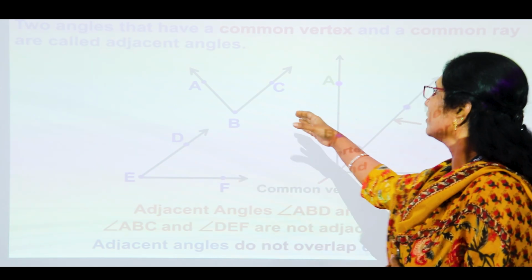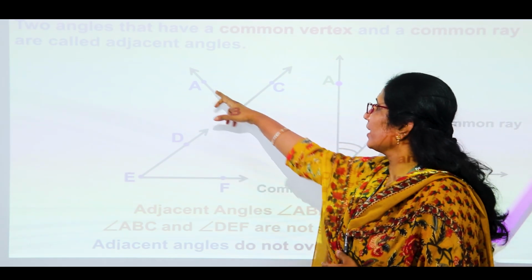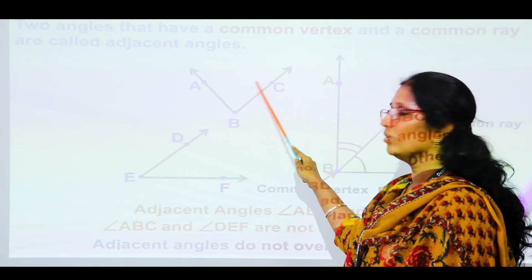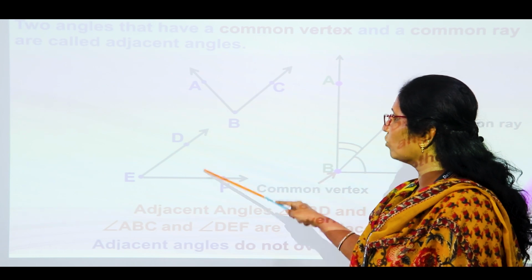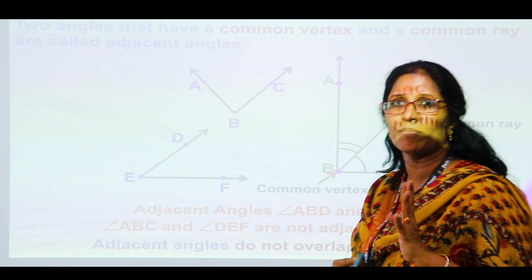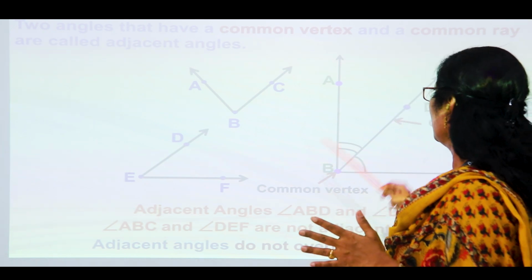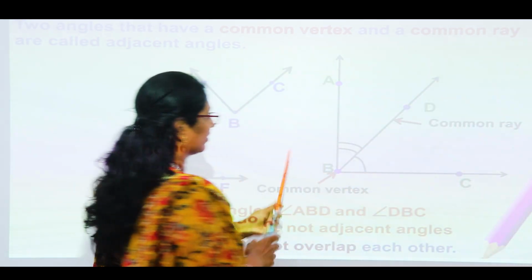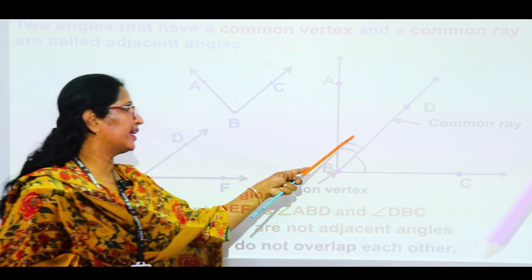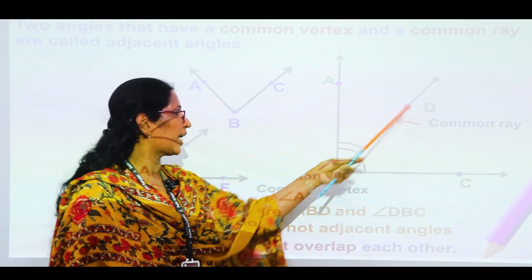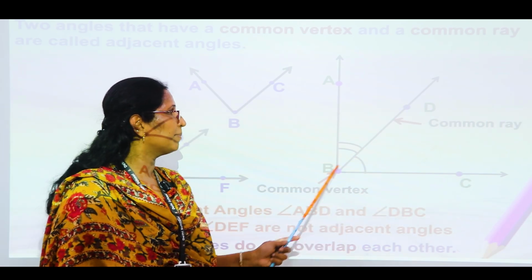If you see in this picture, there is an angle ABC and there is an angle DEF. These two angles don't have any common vertex or common arm. If we join them like this, you can see in this picture there is an angle ABD and one more angle DBC.